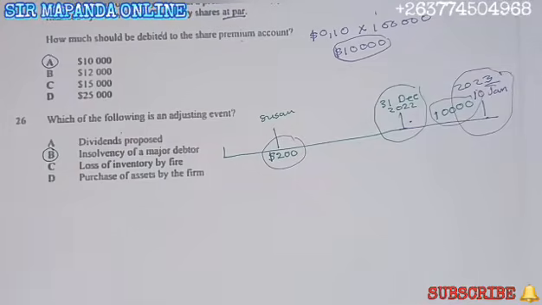The directors may propose to pay ordinary shares a dividend of 50,000, but it may change. You may have a situation whereby next year they are paid 60,000 or even less than 50,000. So we are not allowed to treat dividends proposed as a liability since they are subject to change. So your answer is B. I hope you are following.